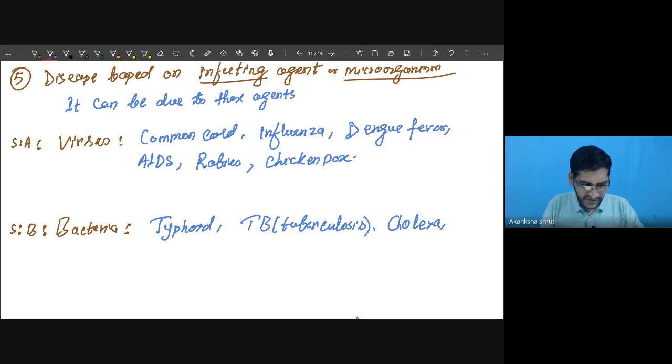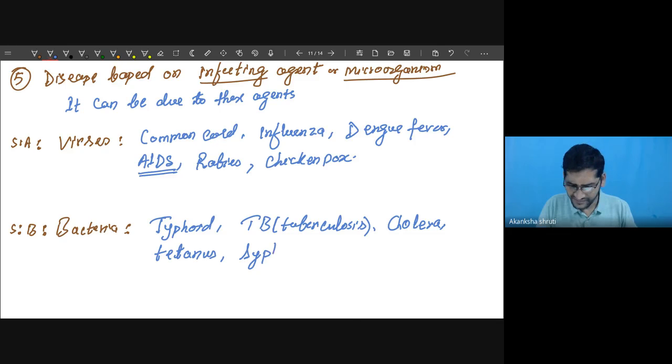Diarrhea. Yes, tetanus, many more are there. Anthrax, even syphilis. Observe carefully. This AIDS is a viral STD, means sexually transmitted disease, but syphilis, write the name in this category.